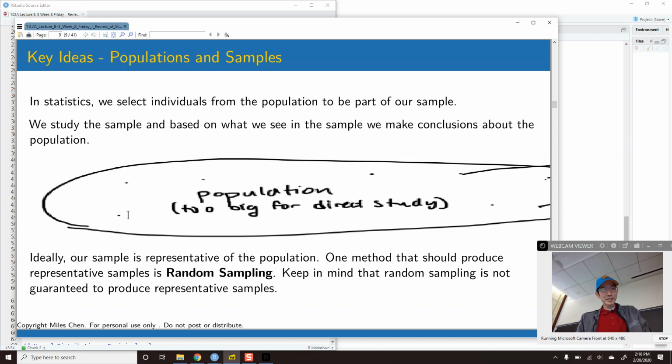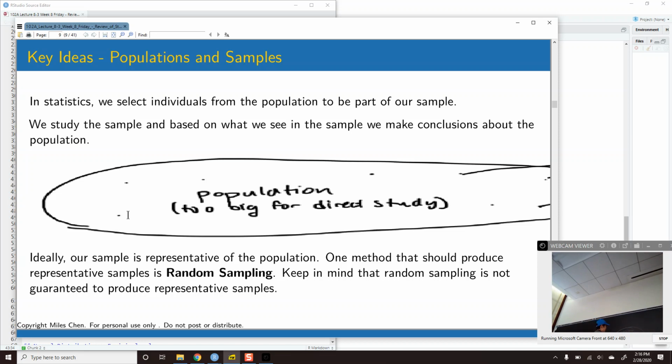In statistics, what we do is we select individuals from the population to be part of our sample, right? We're going to say, okay, well, I can't track down the entire population, but I'm going to study a sample, and based on what I see in the sample, we make conclusions about the population, okay? So basically, here's our population. This is supposed to be some big entity.